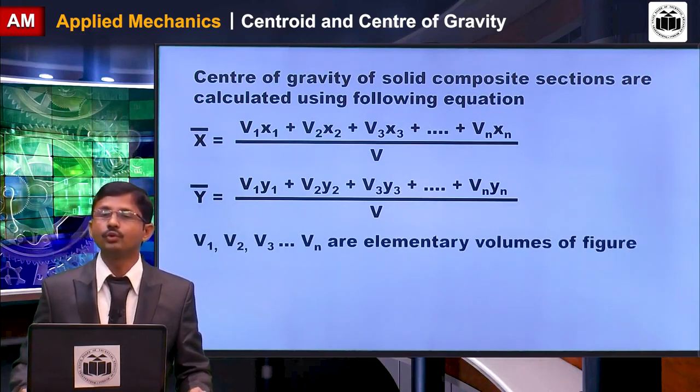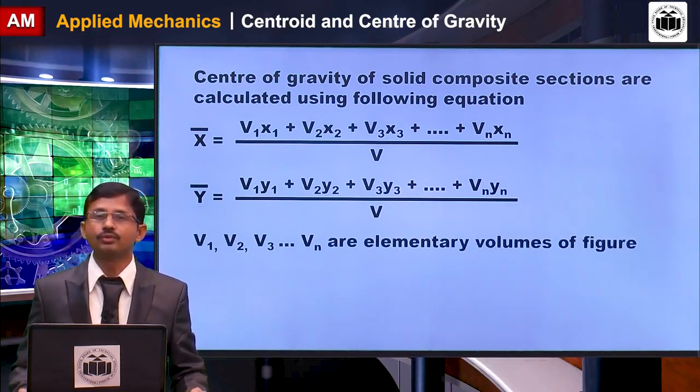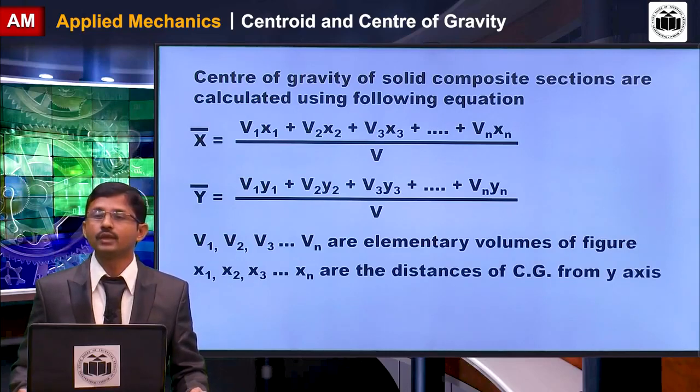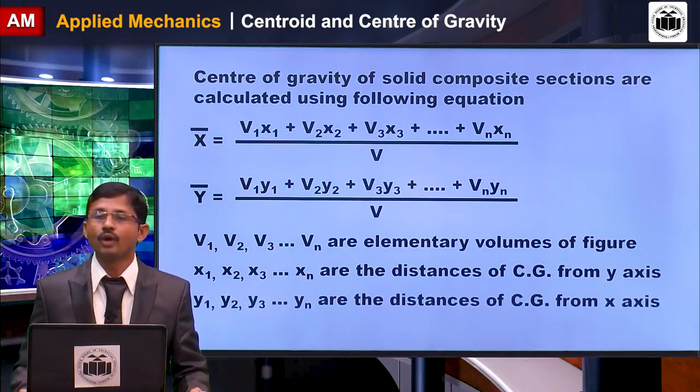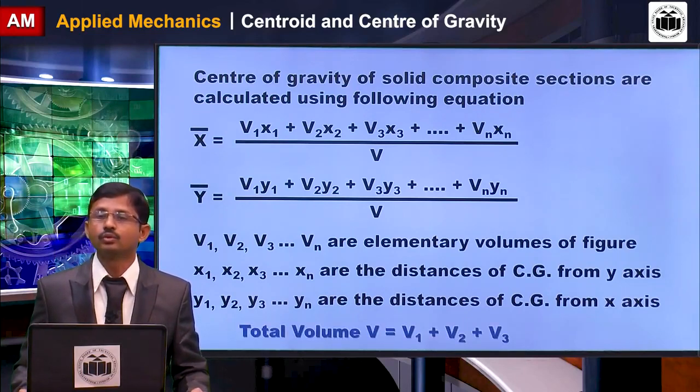V1, V2, V3 are the elementary volumes of the figure, and x1, x2, x3 are the distances of CG from y-axis. y1, y2, y3 are the distances of CG from x-axis. So here you have to consider volume. In centroid we are considering the area. We can calculate total volume V is equal to V1 plus V2 plus V3 up to Vn.